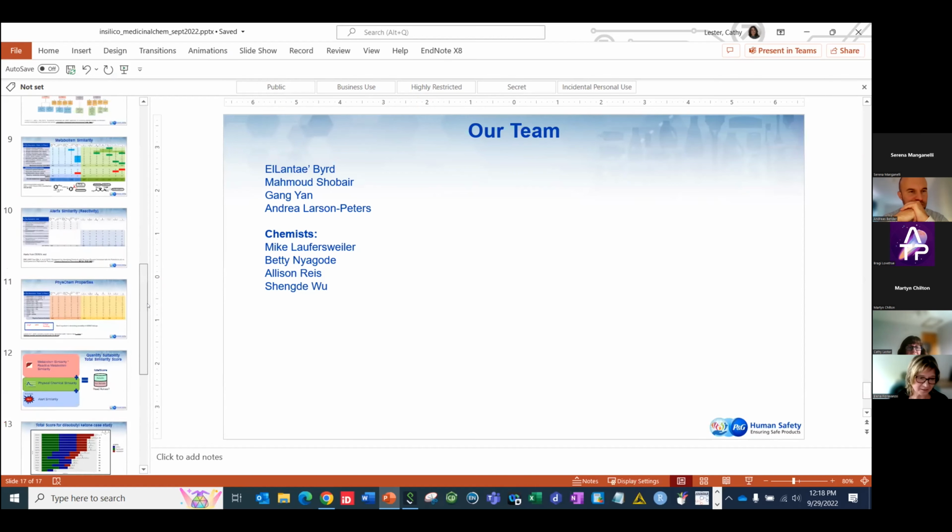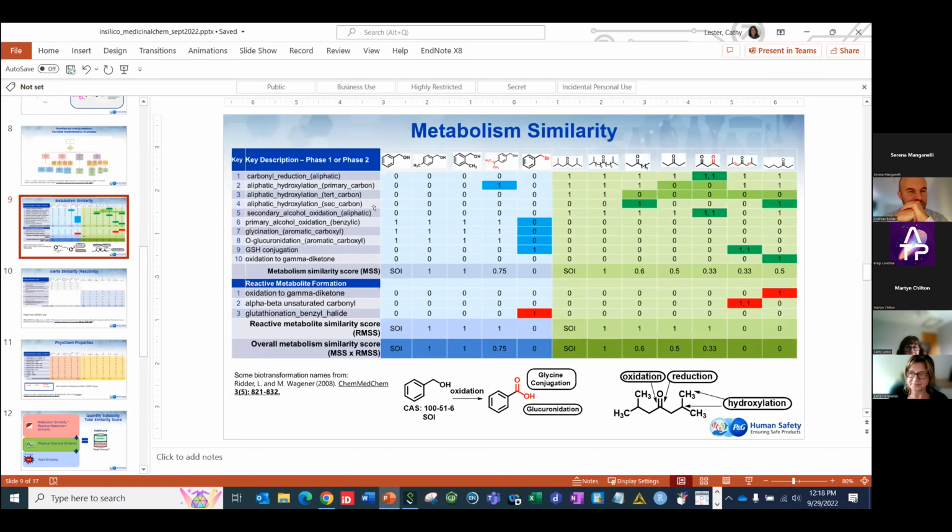Yeah, you're right. It's not a novel concept, and I know there are some other implementations of it. Emilio Benfenati has established a metabolism similarity score. And Ovanes Mekenyan's group looks at metabolism similarity and compares metabolite structures side by side.